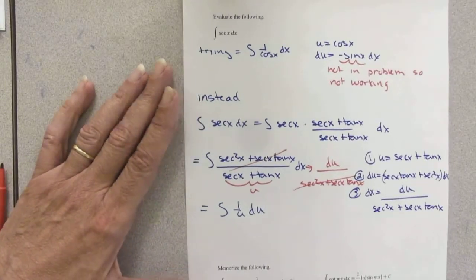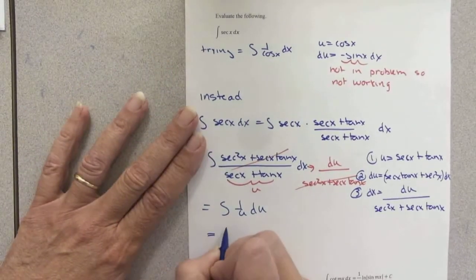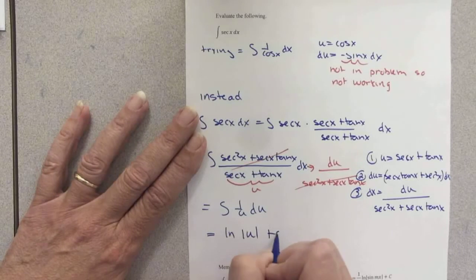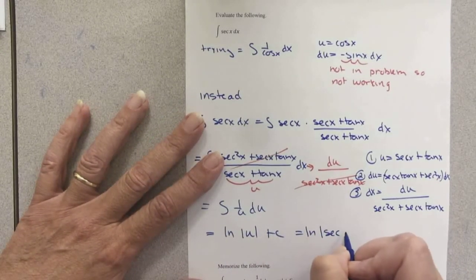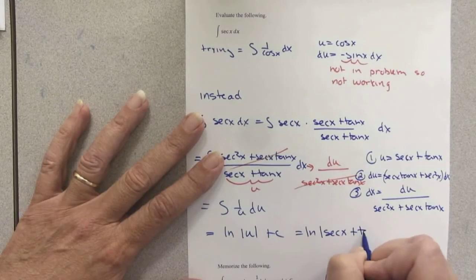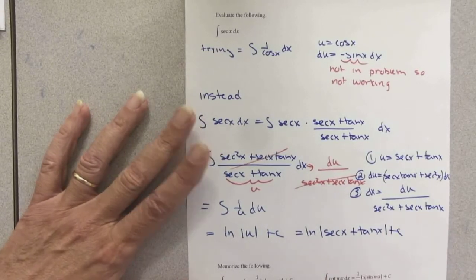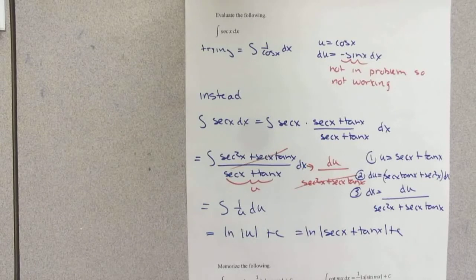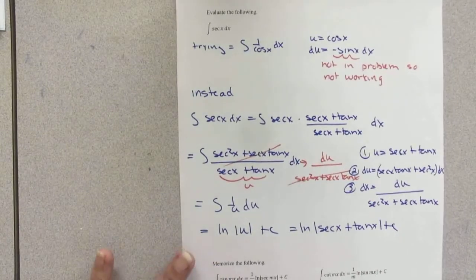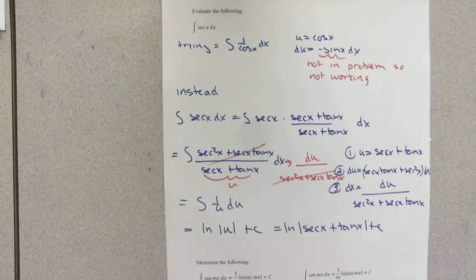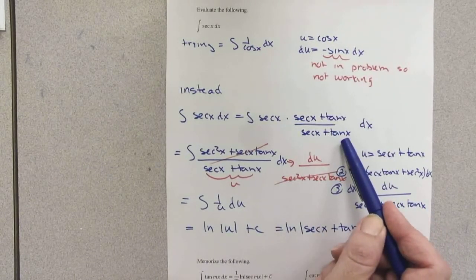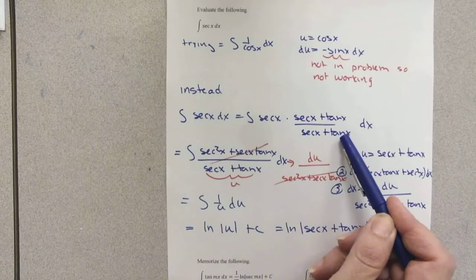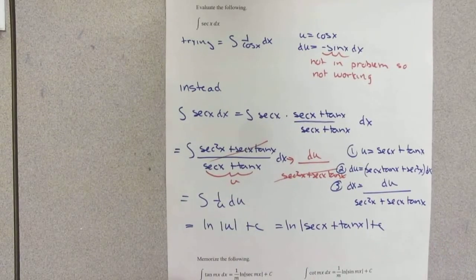And so I have 1 over u du, which integrates to the natural log of the absolute value of u, and so the natural log of the absolute value of secant x plus tangent x plus c. And so there's the integral of secant. And again, just memorize it, because you're not going to remember this little trick here of how to get it.